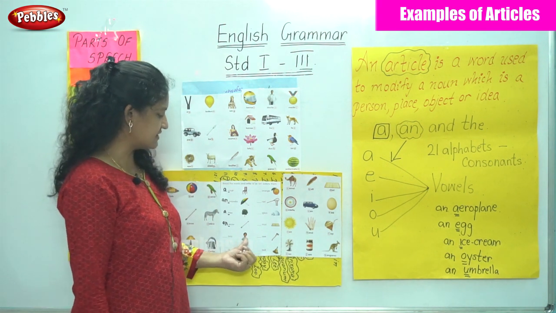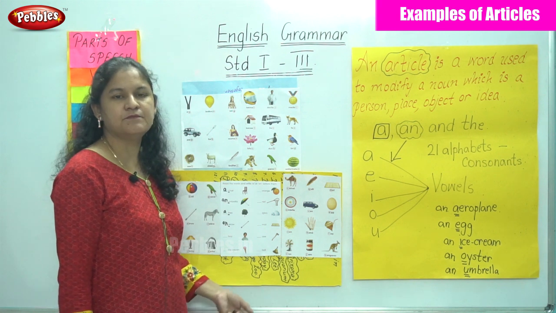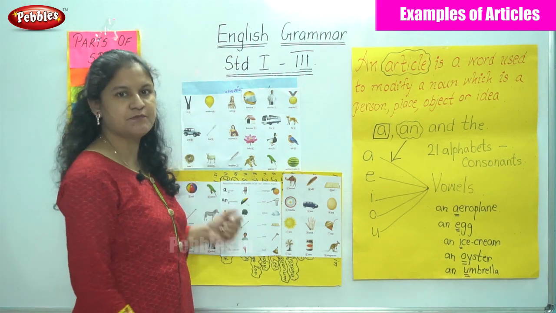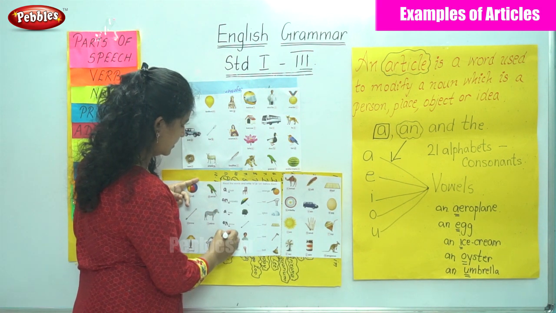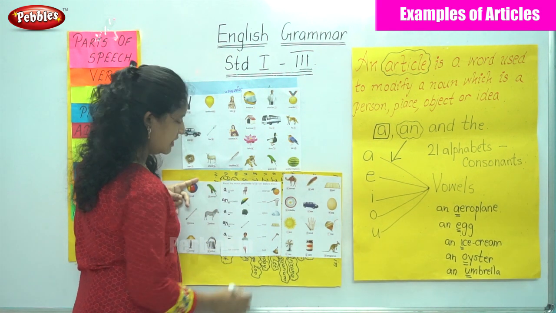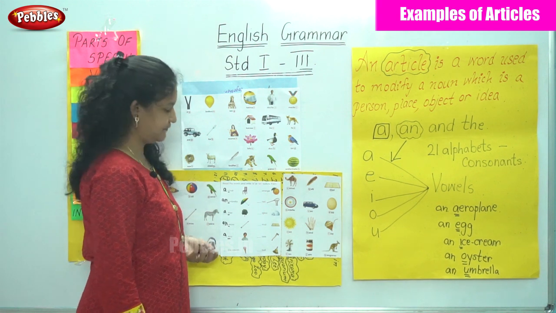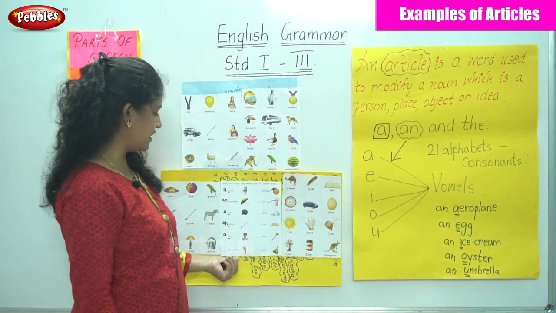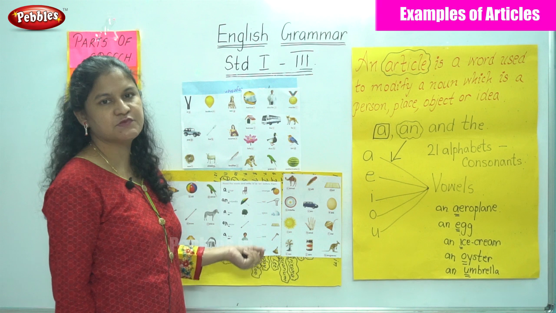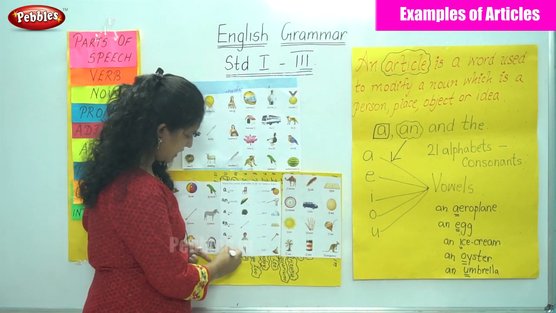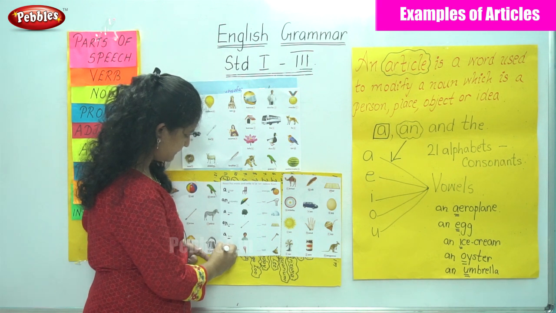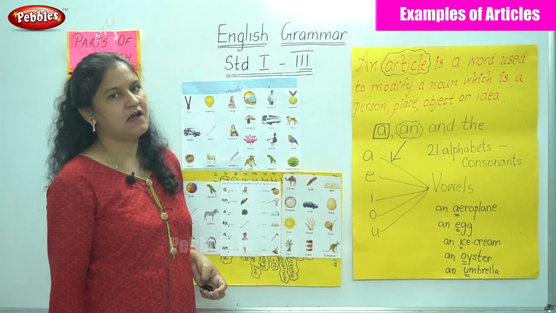The next word is boy, and the word boy begins with the alphabet B, which is a consonant. So then I write the article a. He is a boy. The next word is ice cream. The word ice cream begins with the alphabet I, which is a vowel, and then I write the article an. I add an ice cream.